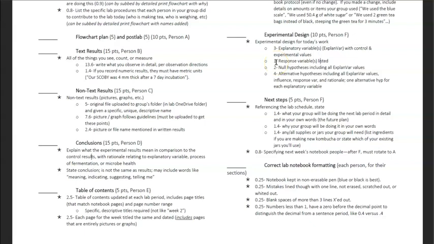Because you will be keeping the notebook for several weeks, you'll be able to look back at your previous alternative hypotheses and use those to inform your conclusion. So the conclusion is difficult and requires some careful thought, but the conclusion person is not on their own and should be able to get help from other people or look back at previous notebook entries to get some insight about what's happening.